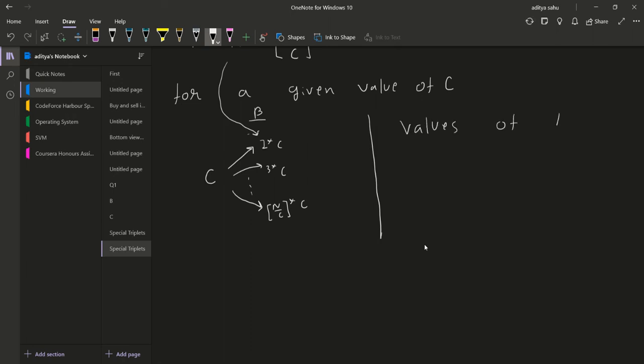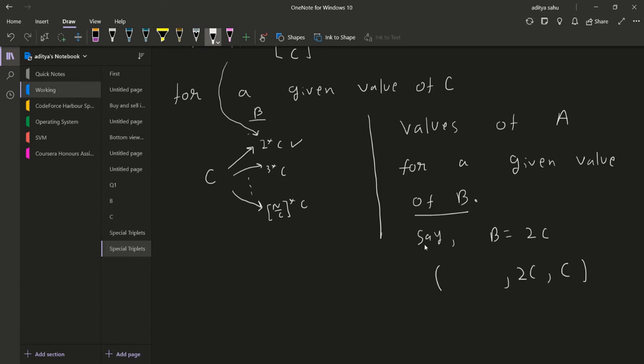Values of a for a given value of b. So say if my b was 2c, this term. So I have a triplet that is currently c, 2c, and this a.